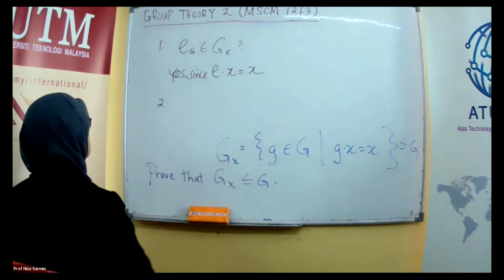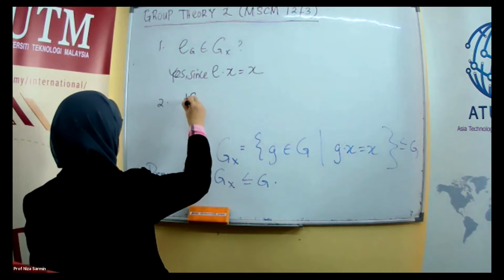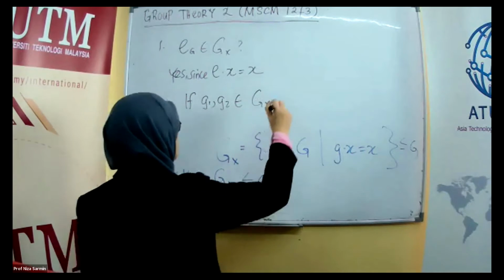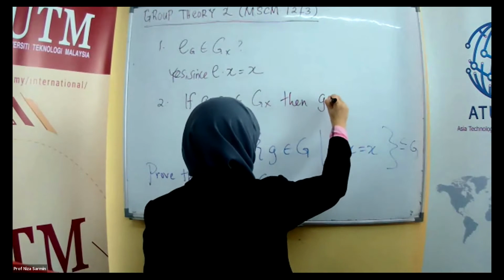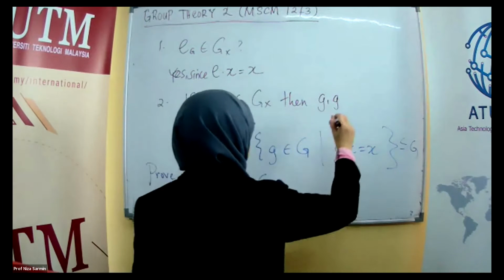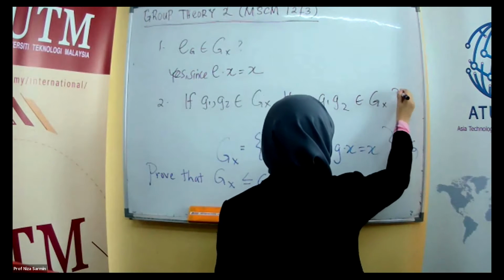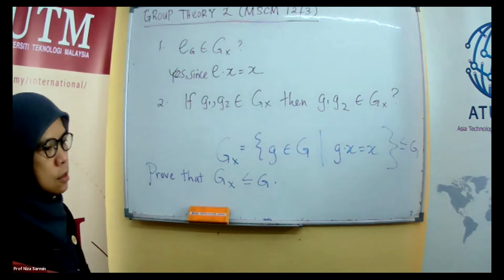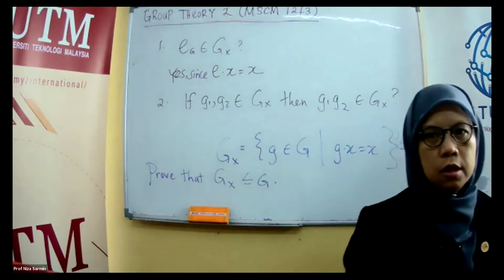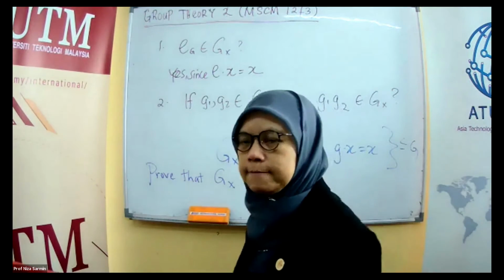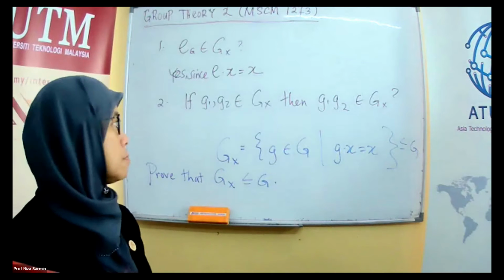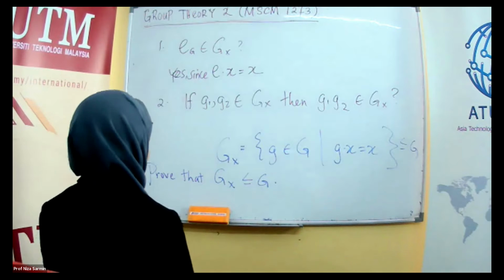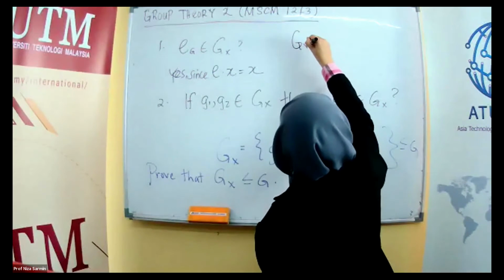Number 2, if G1, G2 in Gx, then is it closed, right? Is it closed? Identity is option, but we show close and inverse, right? Subgroup test. Okay, so I put this up here.